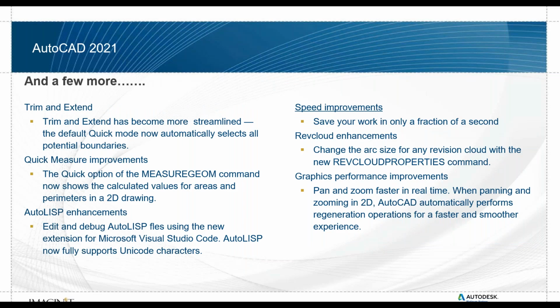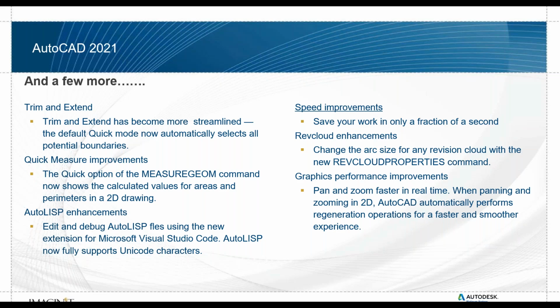All right, and of course there's a few other things to mention. Kind of quickly, you've got some enhanced trim and extend features. Definitely some great improvements to the quick measure features where it gives you the values of your area and your perimeters. The speed enhancements to AutoCAD, opening and saving your work, are greatly improved.